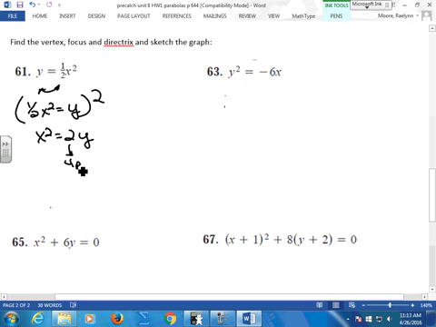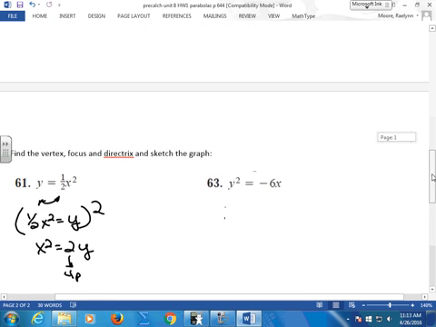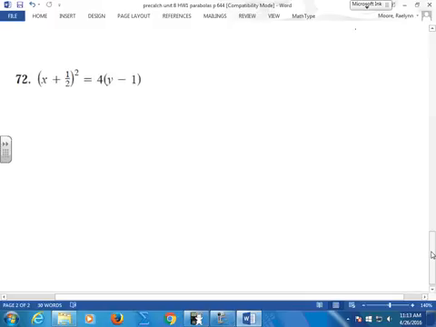Okay, so which one do you want to do? 72. Let's walk this one through. I got the square on the left-hand side. I've got the other part on the right-hand side. So which way is this going to open?